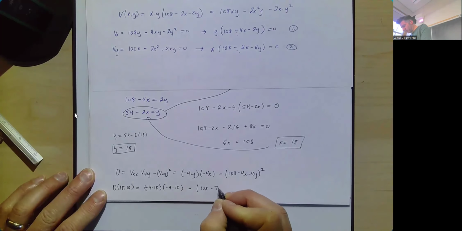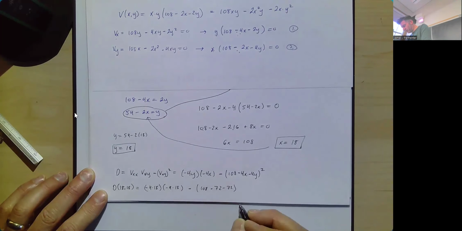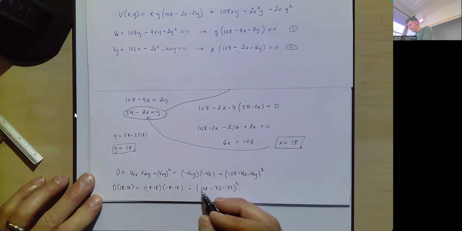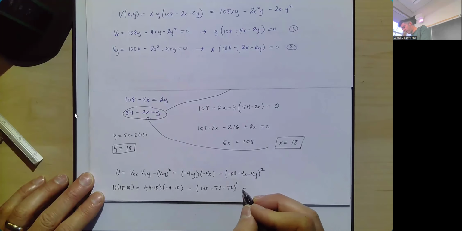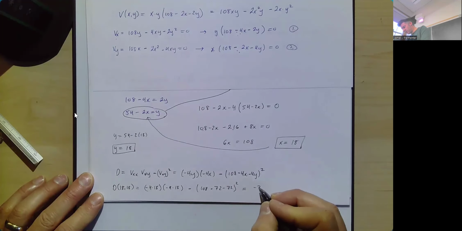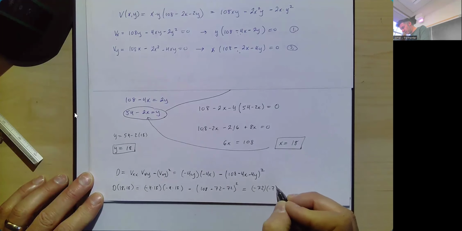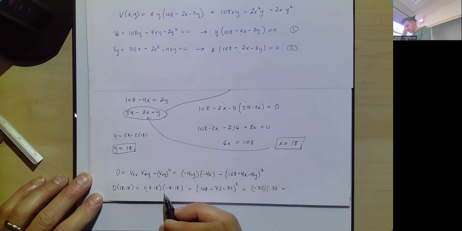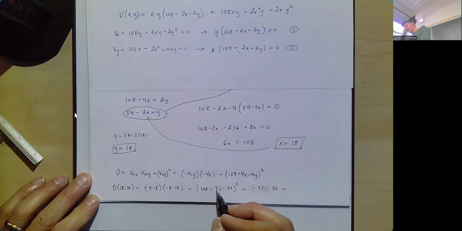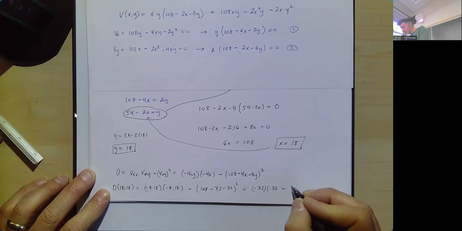So minus 72 minus 72 squared. That ends up being, oh God, math. Negative 72 times negative 72 minus 108 minus 144 is negative 36.